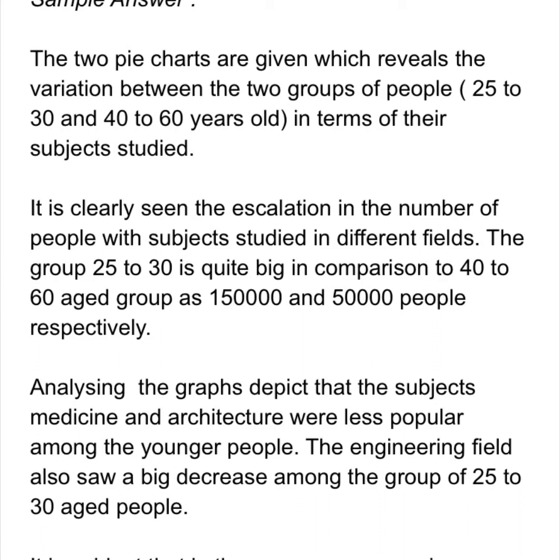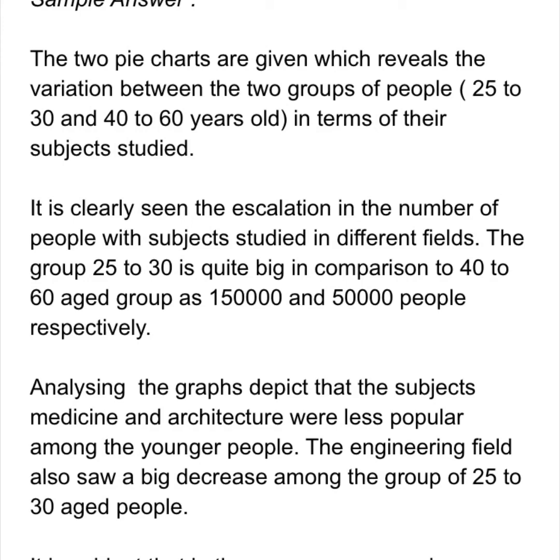The group 25 to 30 is quite big in comparison to the 40 to 60 group, as 1,50,000 people and 50,000 people respectively. So what we come to notice from the two pie charts is that in the first pie chart 1,50,000 people are studying the subjects, and in the second pie chart 50,000 people are studying the subjects, and their age group is also different.